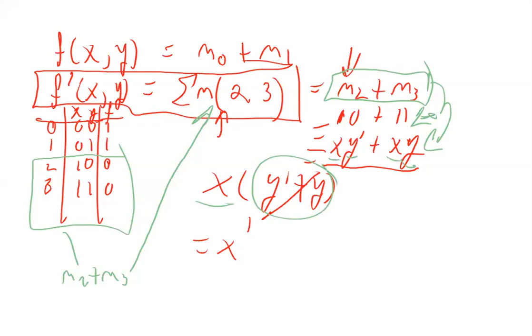No, must be equal to 1, because if y is equal to 0, then y prime is 1. If y is equal to 1, then y prime is equal to 0. And 0 or 1 must be equal to 1. And x times 1 is equal to x. And so we can obtain a simplification showing the point, which is that canonical sums of products are typically speaking not minimal forms. What do you think of that?